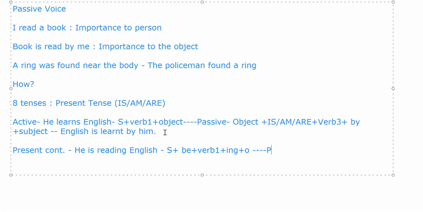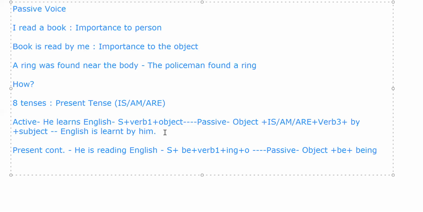The passive will be, as we know, the object given the importance: object plus be form, that is, is, am, are, and then we will add being to it.